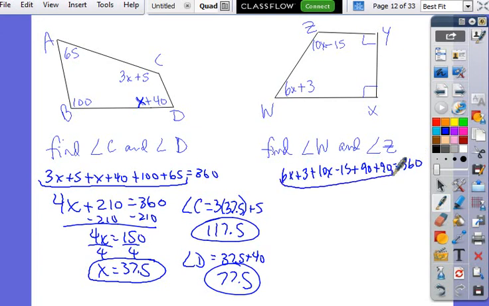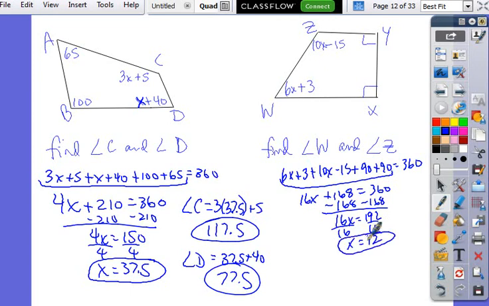6x plus 10x is 16x. 3 minus 15 plus 90 plus 90 is 168. Minus the 168, 192. That's 12. I wind up with x being 12. What do I do with that 12? Plug it into both parts.